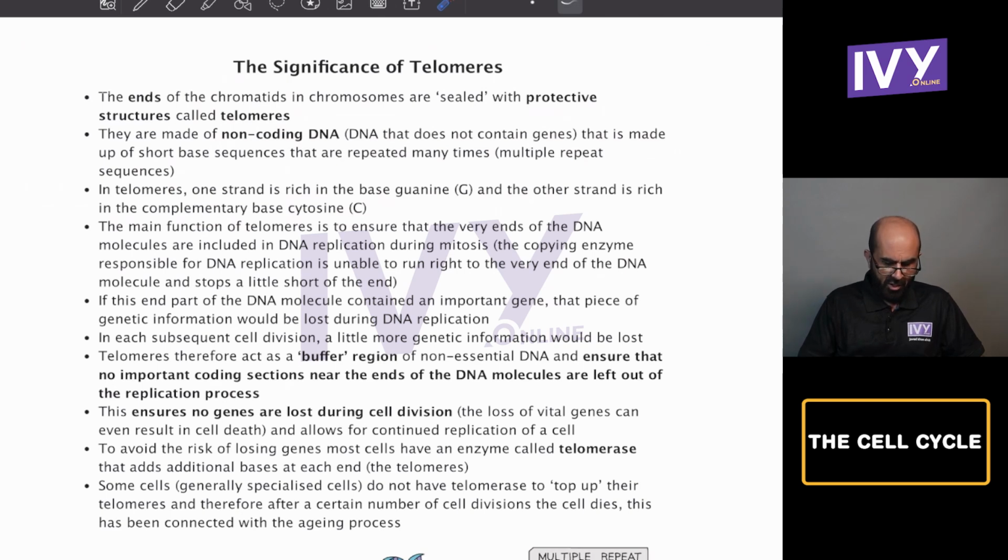The main function of telomeres is to ensure that the very ends of the DNA molecule are included in the DNA replication during mitosis. The copying enzyme responsible for the DNA replication is unable to run right to the very end of the DNA molecule and stops a little short of the end, as I told you.